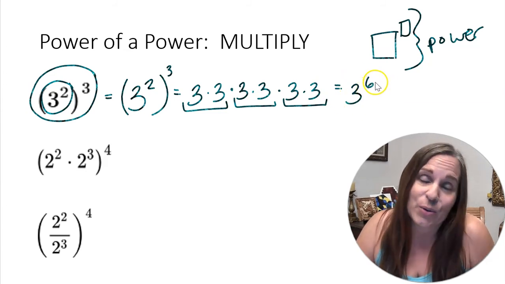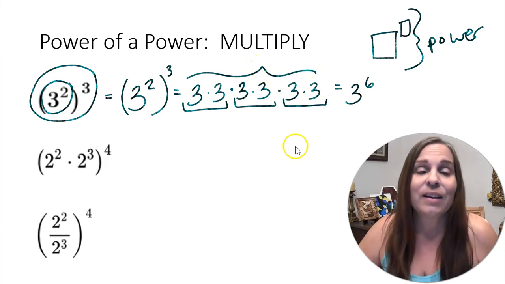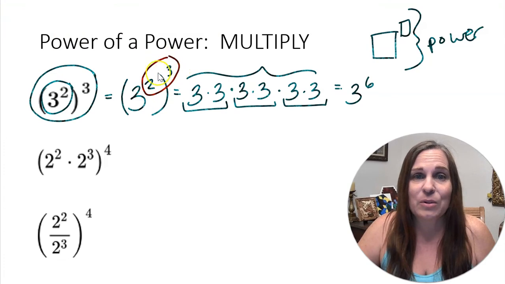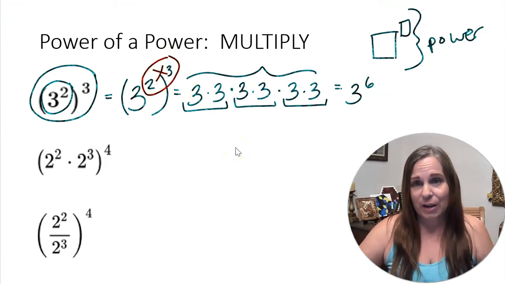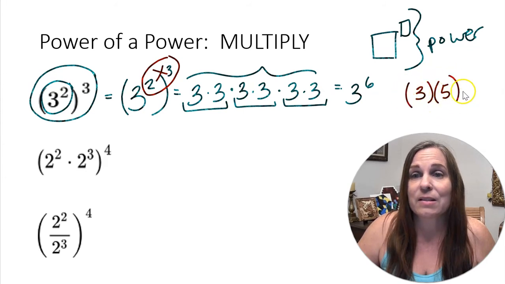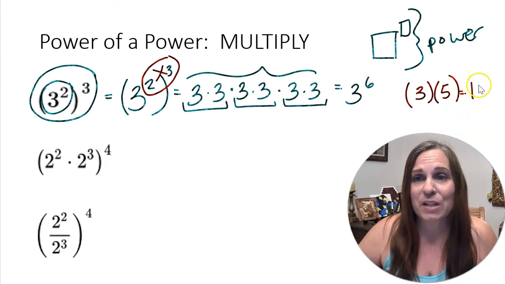Instead of writing all of these 3's out, I could have also gotten that by multiplying the exponents here, by multiplying these two numbers together. So we've learned now that when you see two numbers written together, like for example, if I wrote a 3 in parentheses and a 5 in parentheses, that means multiplication, right? So that would be 15.